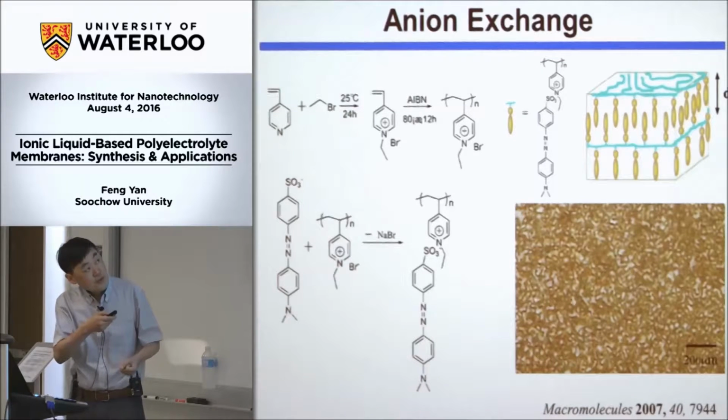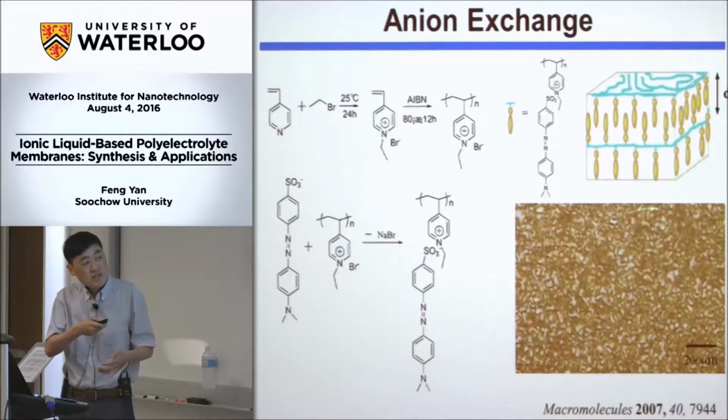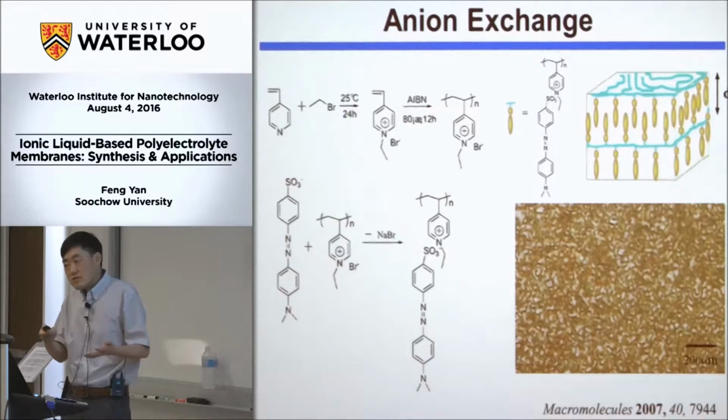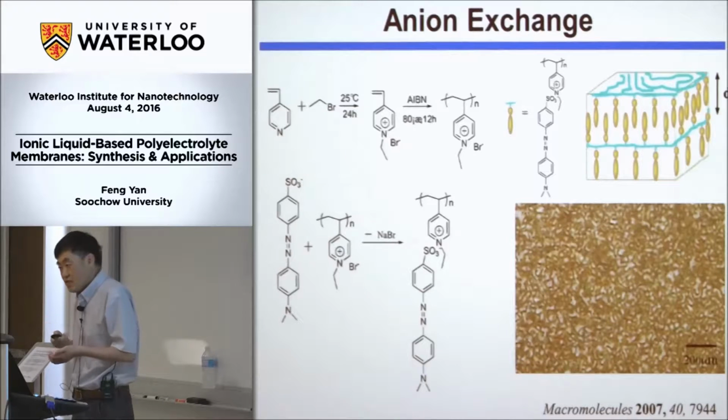But if you do the anion exchange, for example, you change the bromide with these anions, this is an azobenzene, you can find that these polymers completely changed into another new polymer. This is a liquid crystal polymer. So it's very easy and simple to change your polymers just by anion exchange.